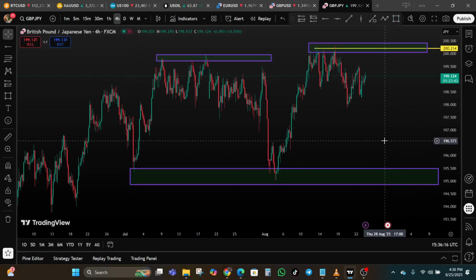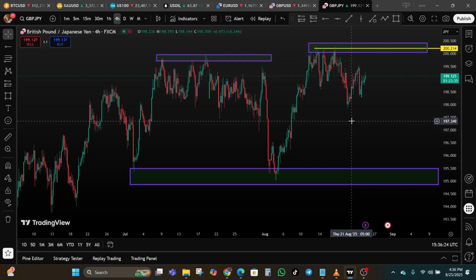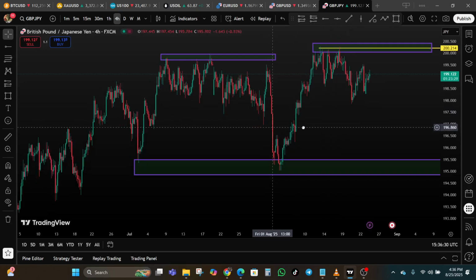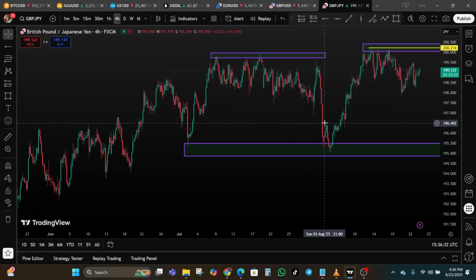Now, the second element is displacement. Displacement is the sudden, strong move in price that confirms which direction the market is truly heading. So instead of guessing, the strategy teaches you to wait for displacement as proof of intent.